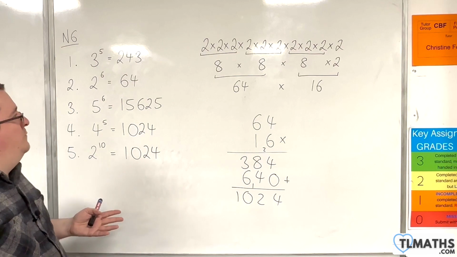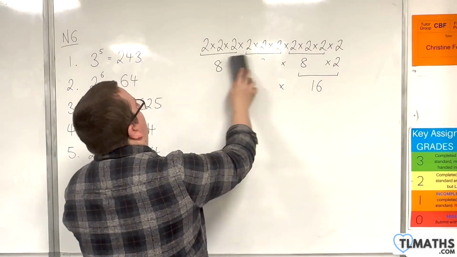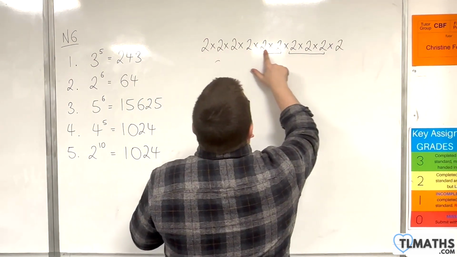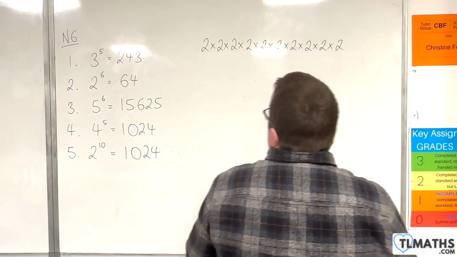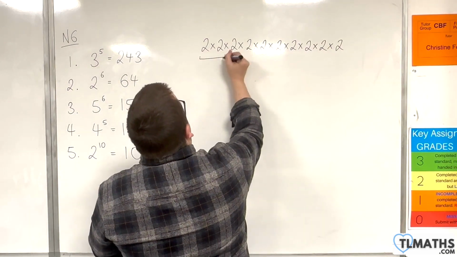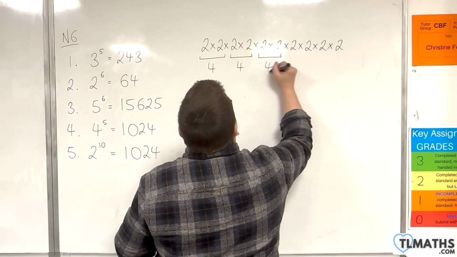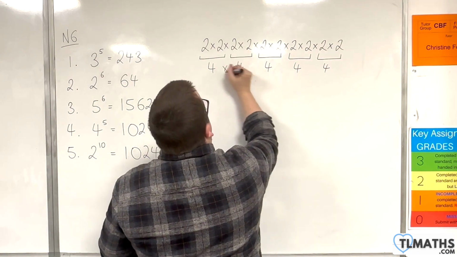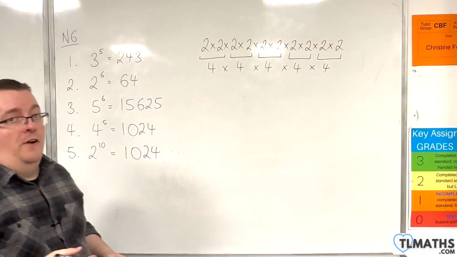Now, you might be looking at this and going, well, could there have been an easier way of doing this? Could we have spotted that that was the case? Well, if we go back to our 2 to the power of 10, that's 4, that's 4, that's 4, that's 4, and that's 4, which is 4 to the power of 5.